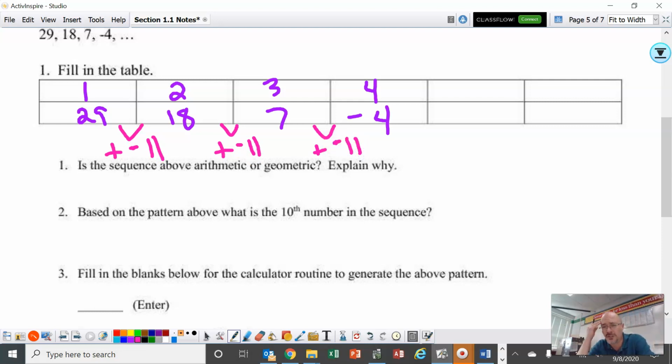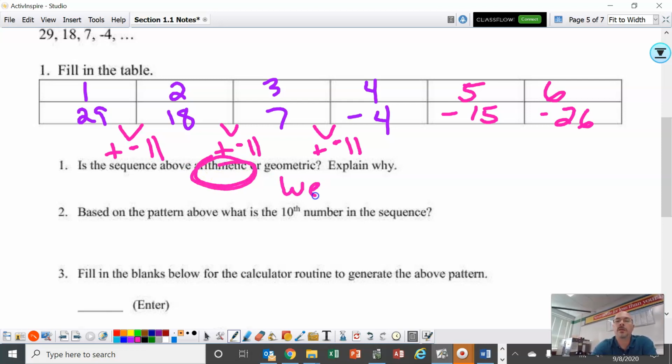Mr. Ellering, couldn't you just say subtract 11? Yes, you could just say that, that's fine. If I continue, the next number, take away 11 or add -11, is -15. And then -26. So, ladies and gentlemen, it's arithmetic. We add -11.